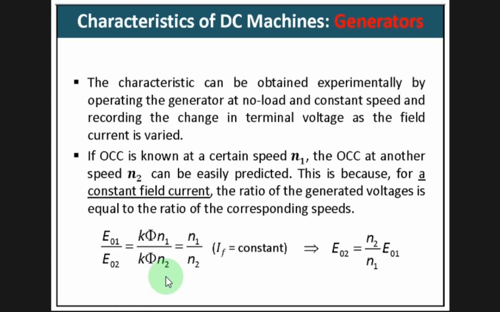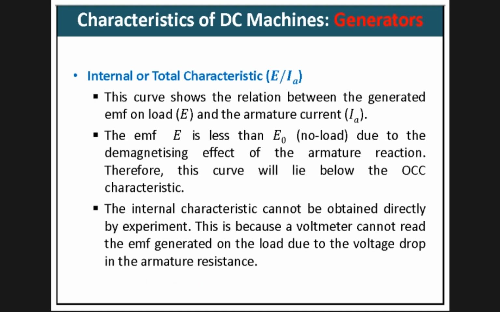The next one is called the internal or total characteristics. That is E versus IA, where IA is the armature current. This curve shows the relationship between the generated EMF on load. Previously it was no load, which is why we called it E0.